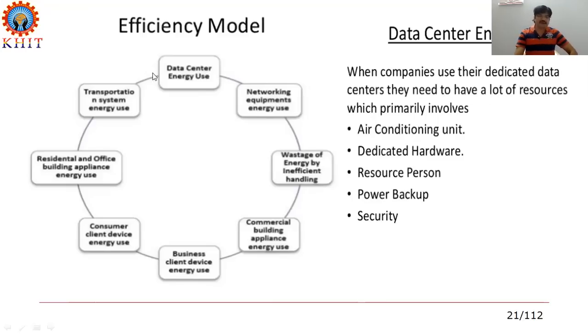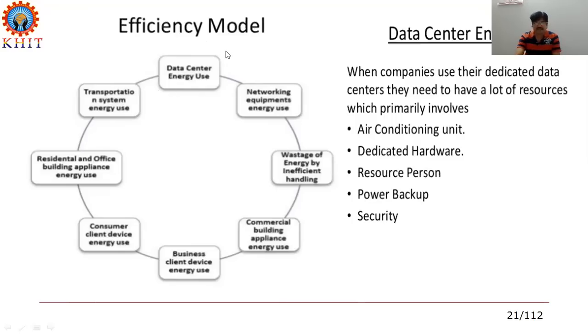For maintaining the data centers in a cloud or in an on-premises mode, we need high air conditioning. We need to provide air conditioning so that the servers are always kept in a cool mode. A particular dedicated hardware is also available, and for that hardware we need to set up well-trained people who are deputed for measuring the performance of the data centers over a period of time.